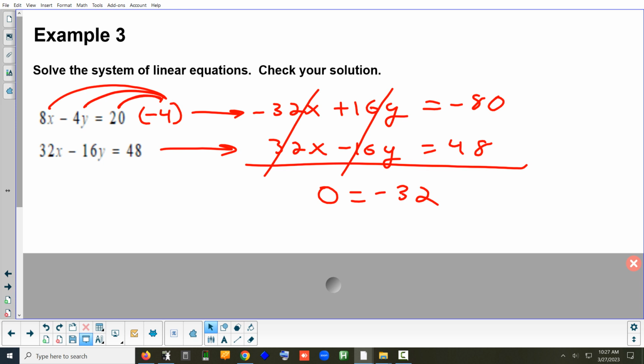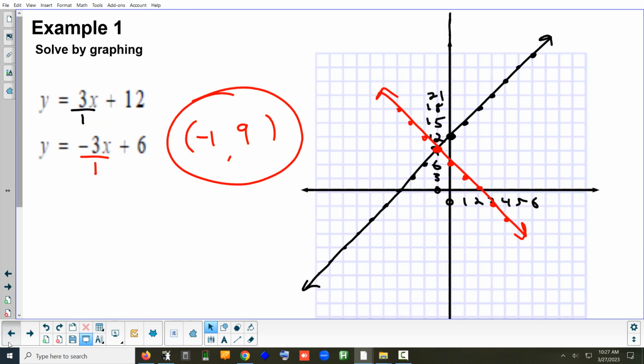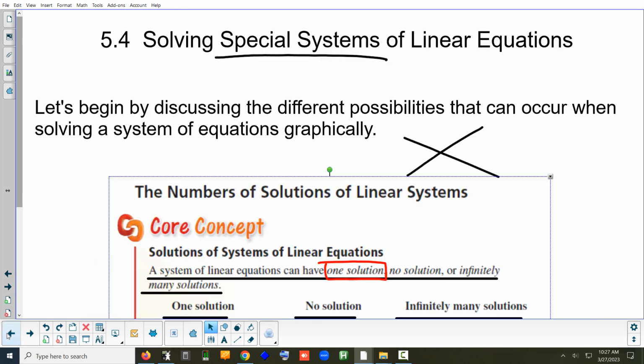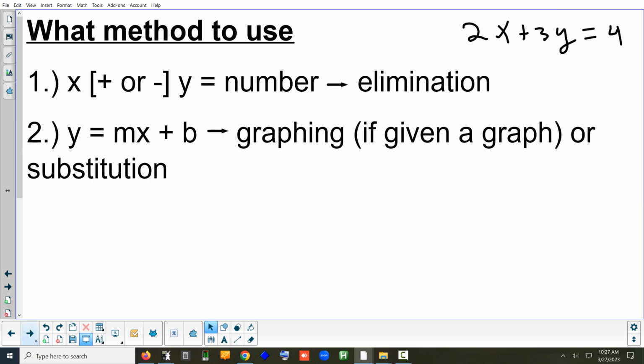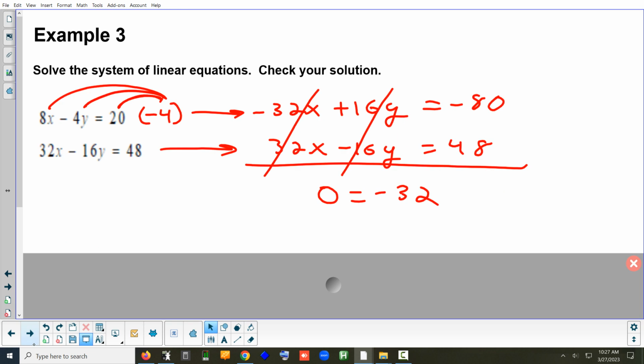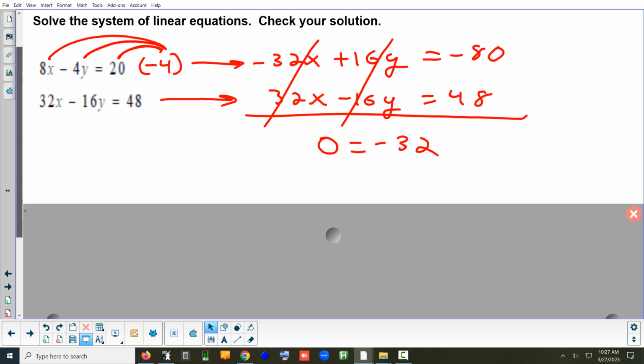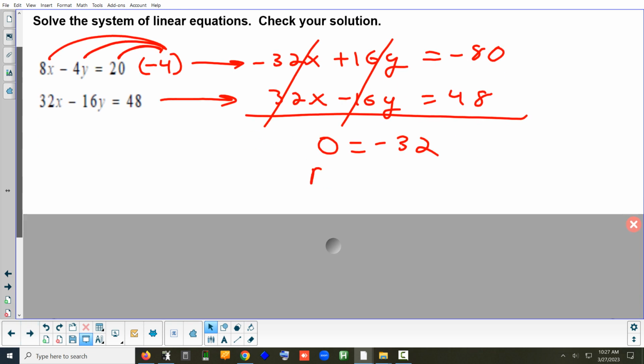So because we got something that is incorrect, which one of these three cases do you think it is? No solution. If you were to draw these two lines, they would look parallel and they would never cross. But that's what happens when you use elimination and you get no solution.